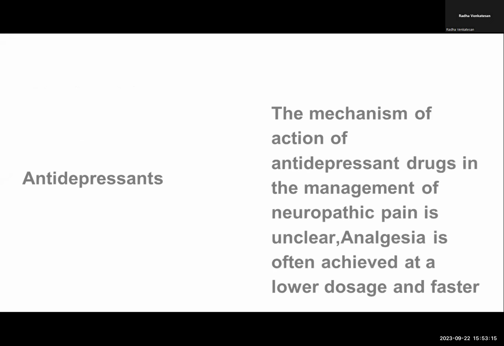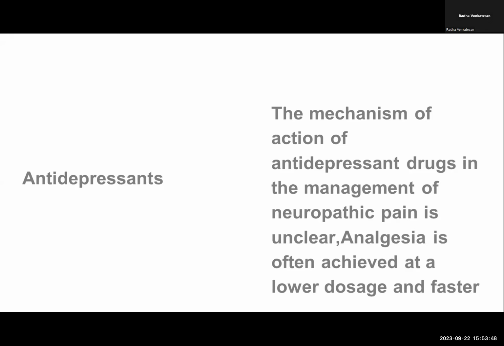The mechanism of action of an antidepressant drug in the management of neuropathic pain is unclear. What happens is that antidepressants can be used as adjuvants. Basically, an adjuvant is something which helps or facilitates. So it is not directly a painkiller, but it helps to reduce the pain. Commonly used is the antidepressant.